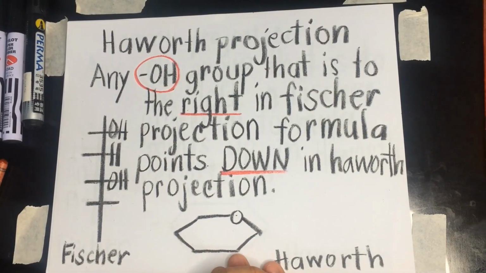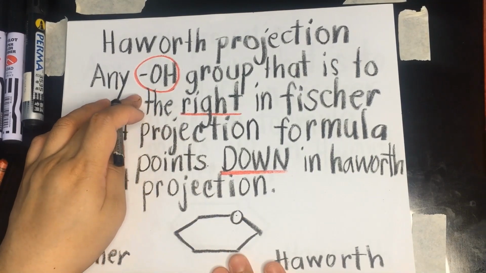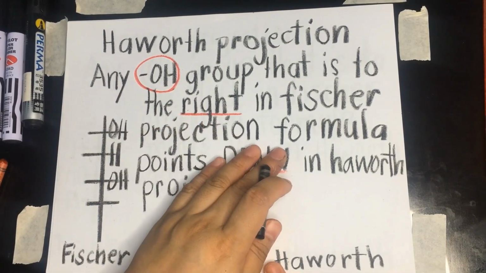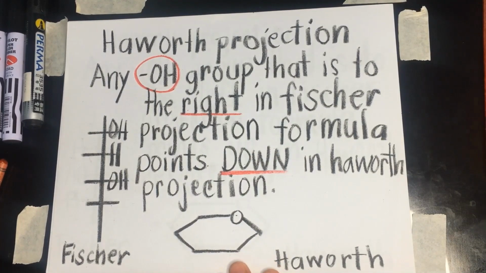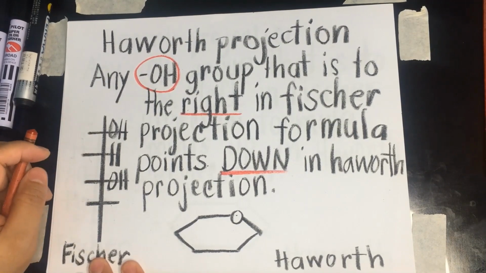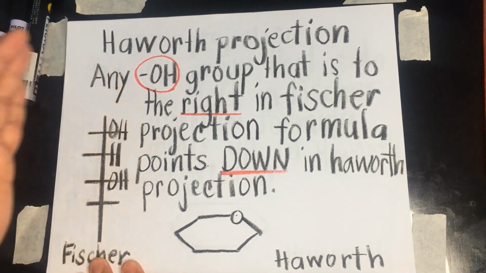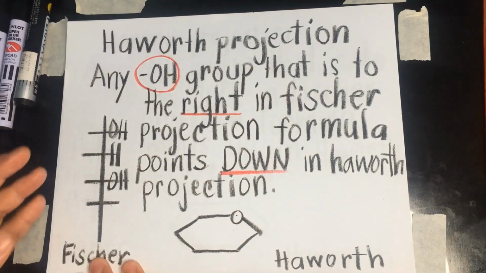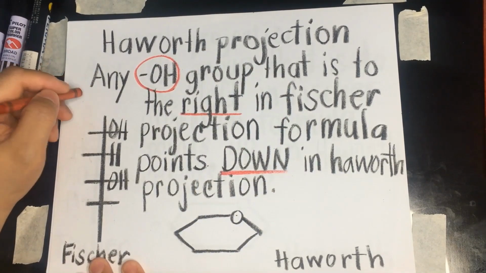In Haworth projection, any hydroxyl group that is to the right in Fisher projection formula points down in Haworth projection. Again, any hydroxyl group that is to the right in a Fisher projection formula will point down in Haworth projection. So, what we did in the Fisher, if you still remember, we divided the lines into two. So, there will be a left side and there will be a right side. Let us do this again.